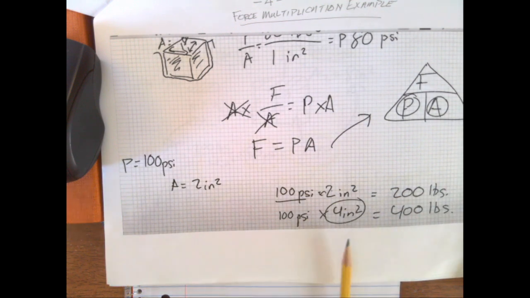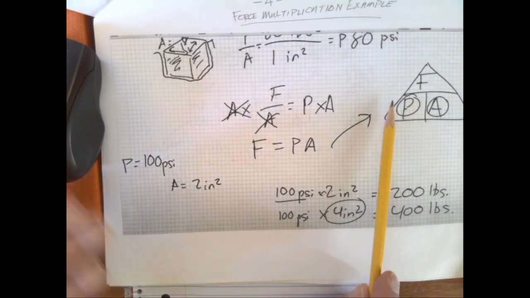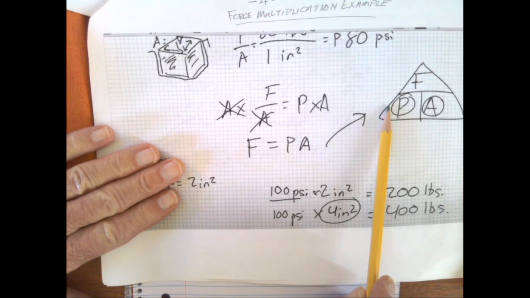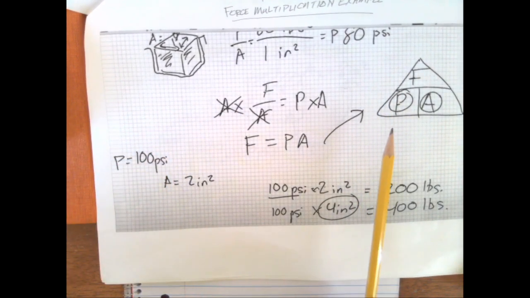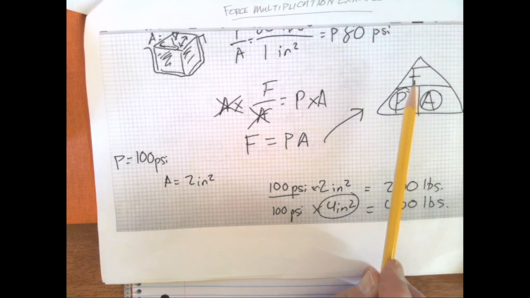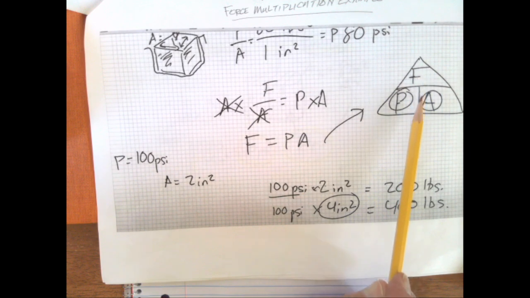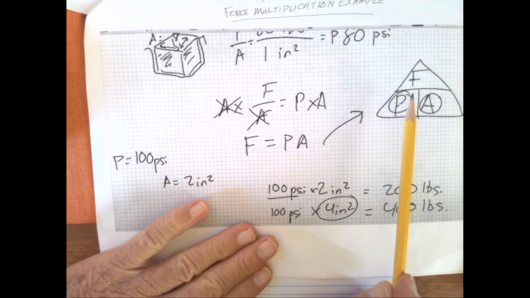Now look at these 3 variables. We have pressure, we have area, and we have force. If you were in my previous class, I drew a circle that took away transpositions. When you have 3 variables and you know 2 of them, in this case force, area, and pressure, you can find the other.